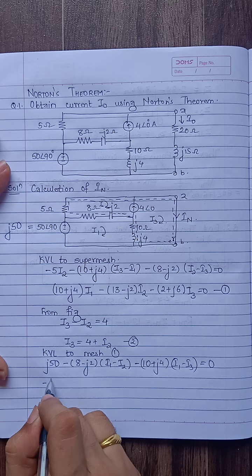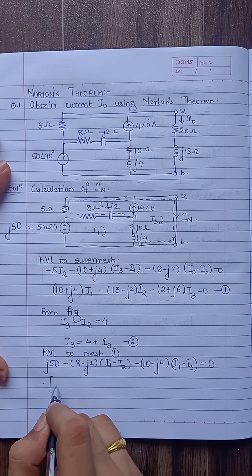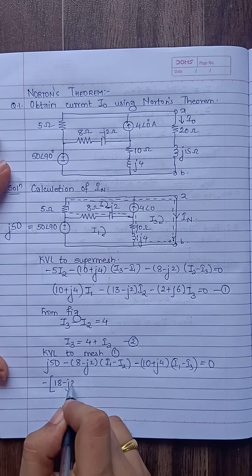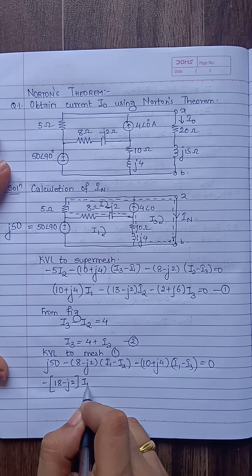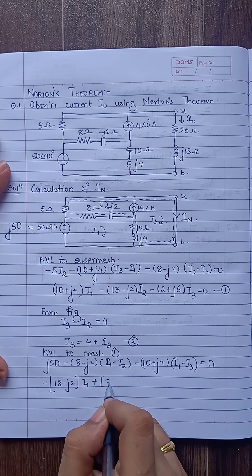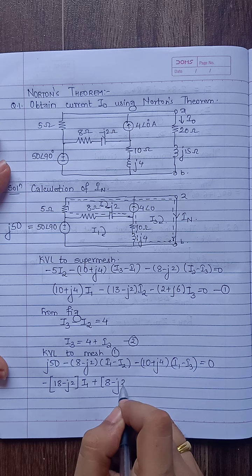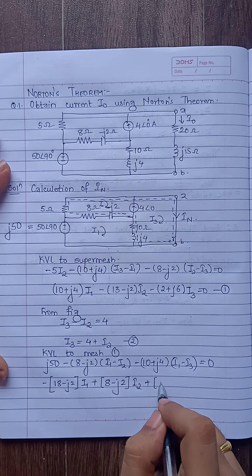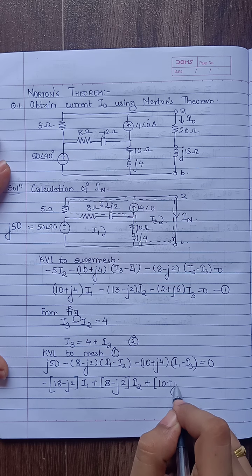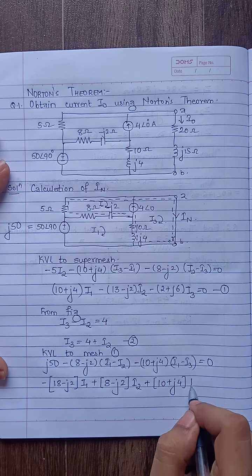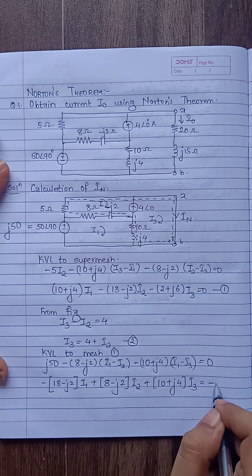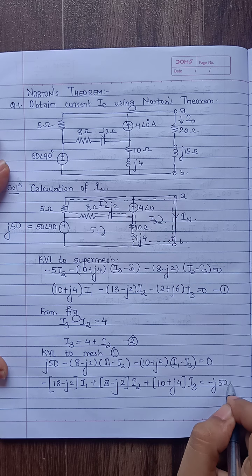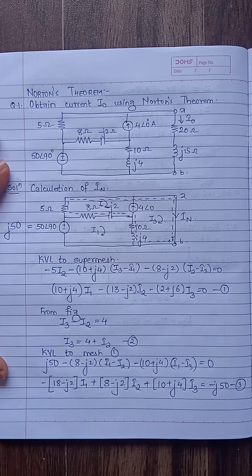After simplification you should get (18 minus J2) I1 plus (8 minus J2) I2 plus (10 plus J4) I3 equals minus J50, calling this equation number 3.